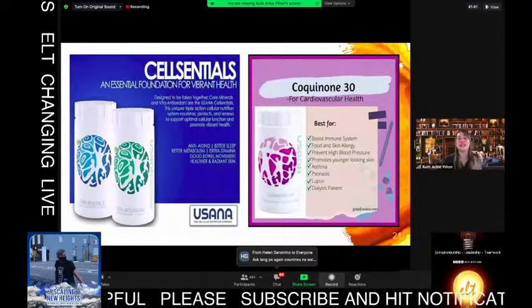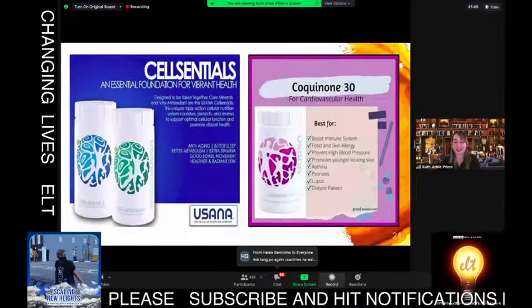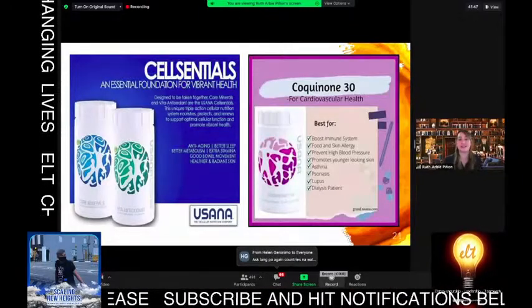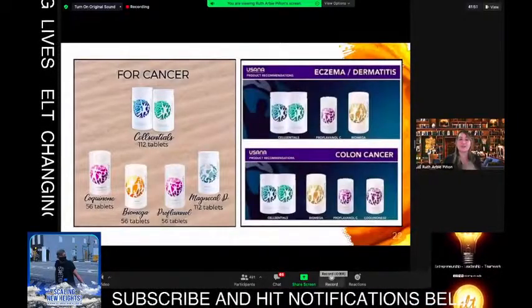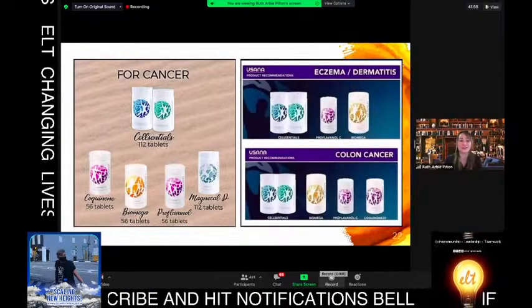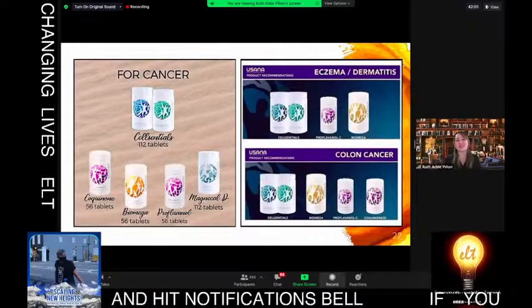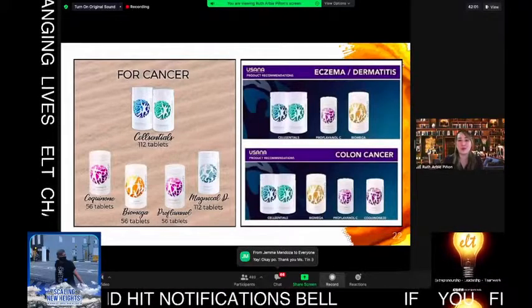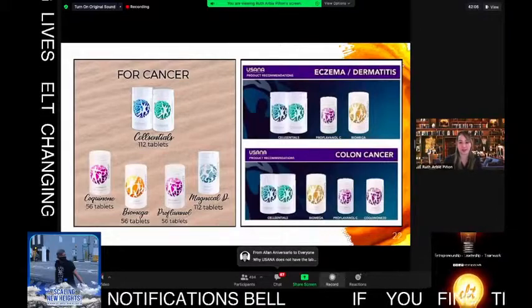Yun po yung sinasabing implied health claim po, which is not directly saying that it can prevent or cure a disease. Okay? And another example, specific na po, may recommendation na for USANA products for cancer, for eczema, dermatitis, colon cancer. So please do not use this photo in promoting our USANA products.